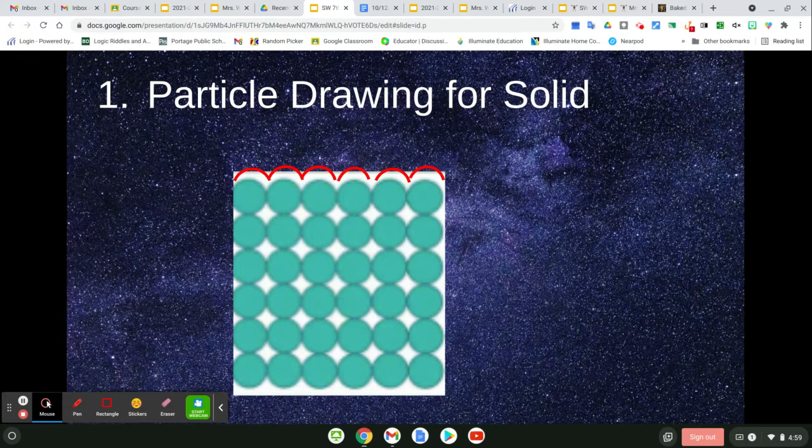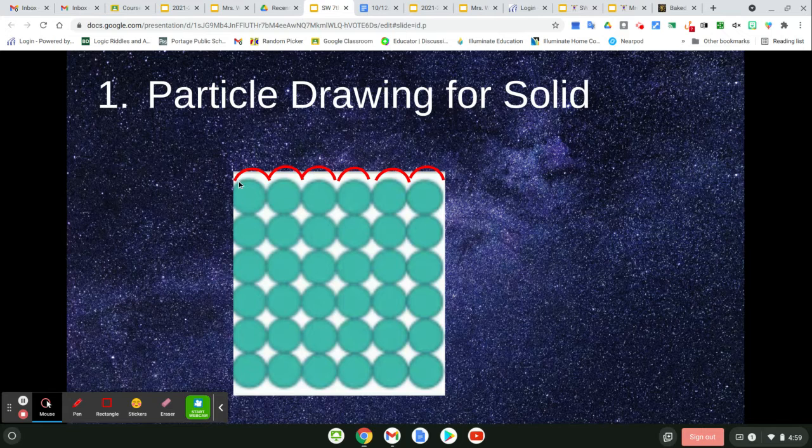They are in kind of an organized pattern. So this is why solids are very tough and hold up. And so kind of like what we demonstrated in class, you can't push your hand through your table because all of these little particles are really bonded very tightly together.